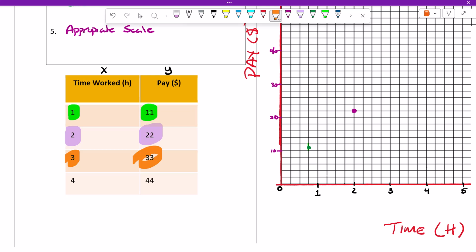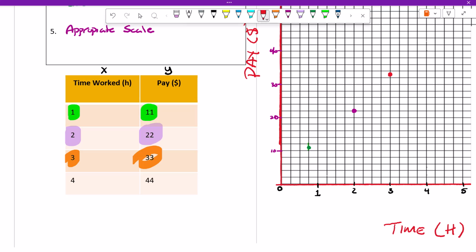So 33 is in between 32 and 34, right there. Something like this. And look at your picture. Remember, everything in this chapter is going to make a straight line. And if you look at your dots and they're not falling on a straight line, chances are maybe you counted wrong. So you double check your counting.